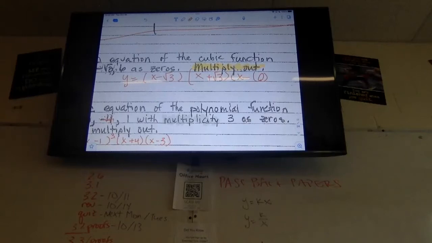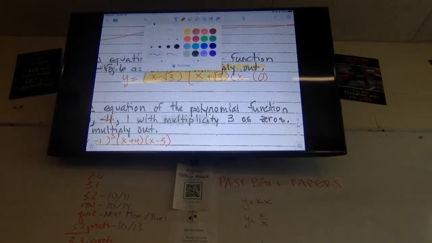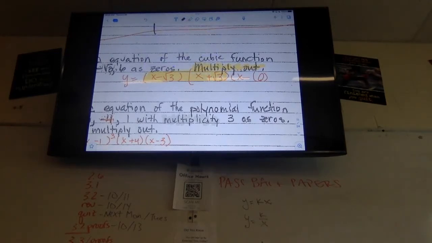When we multiply these first two together, x minus root 3 and x plus root 3, the root 3s, thank you, Red, will eventually cancel each other out. As we go through this problem, you'll see how it cleans up to be nice, pretty numbers. So I'm going to FOIL. X times x is x squared. X times positive root 3 is positive root 3x.